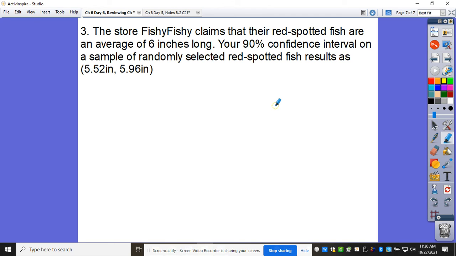In absolutely no way do you need to draw this, but I think it makes sense when I'm explaining it. I know that I'm dealing with a 90%, so I'm saying 90% of the samples will be between here and here.